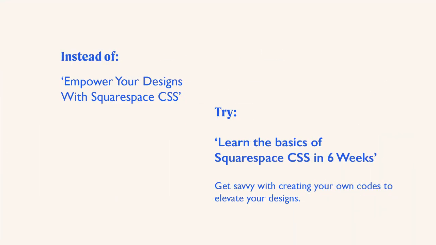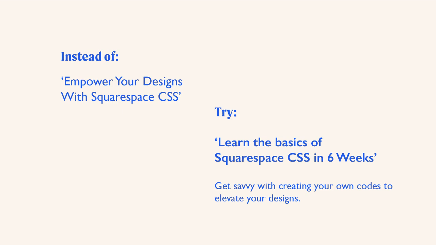And here are some examples. In this case, this is a sample course about Squarespace coding. Instead of saying something general and broad like "Empower your designs with Squarespace CSS," something more specific and targeting your ideal audience would say, "Learn the basics of Squarespace CSS in 6 weeks."